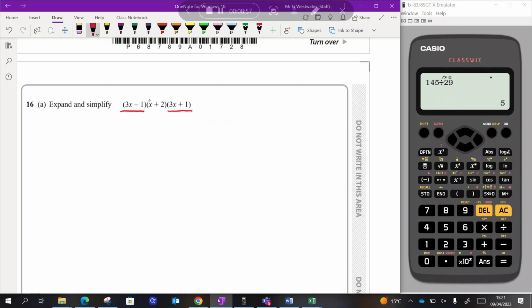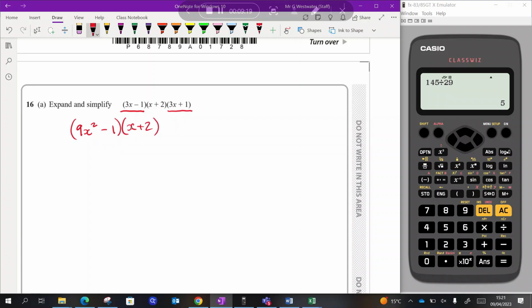So you could notice this and multiply these together, knowing that this will just result in 9x squared minus 1, because those middle terms of plus 3x minus 3x will cancel out, and then it will make your next calculation, where you multiply by the remaining x plus 2, even easier.